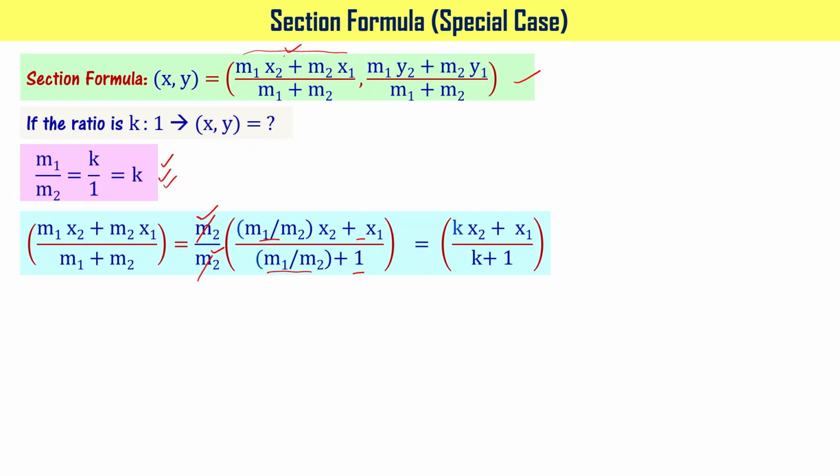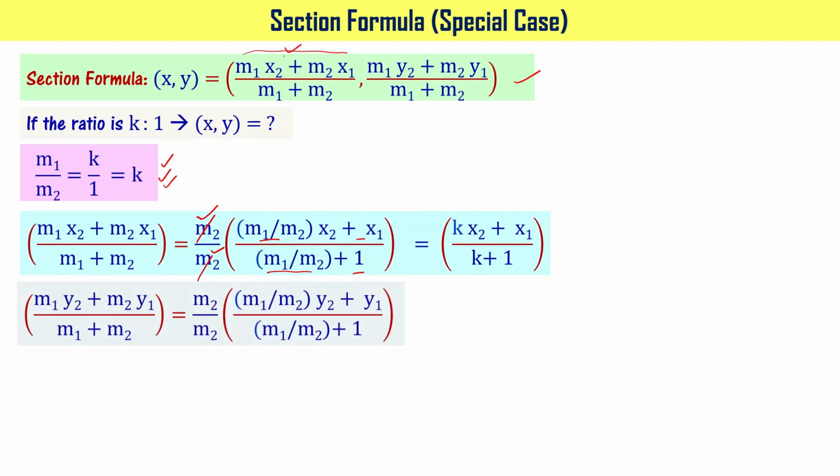This is similar to this. We can write even for the second part, that is corresponding to y. When you do that, you get it as k times y2 plus y1 divided by k plus 1.